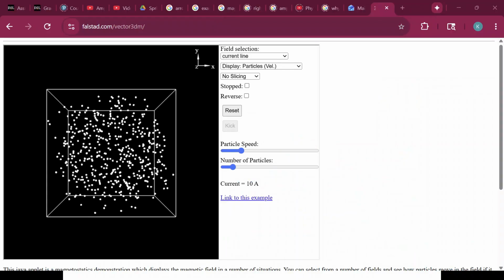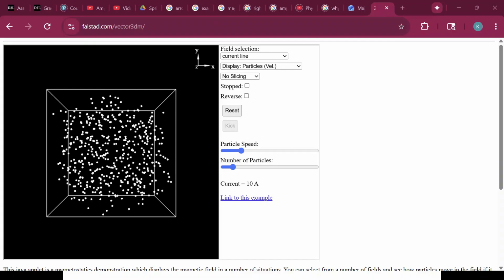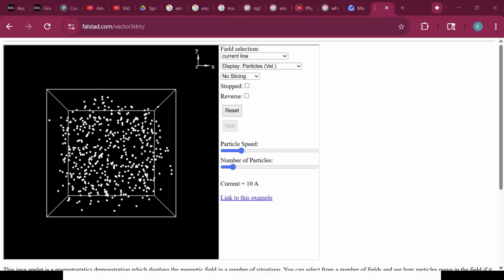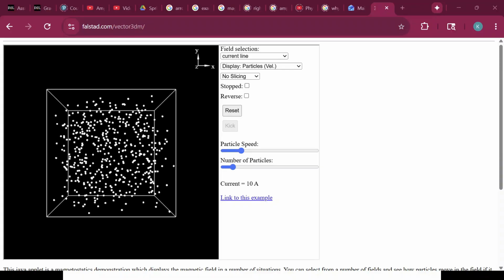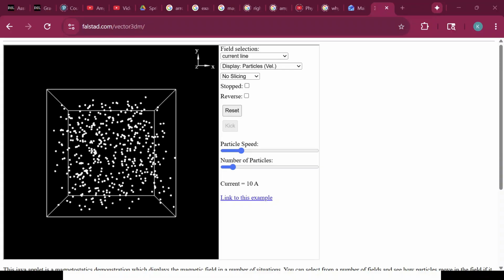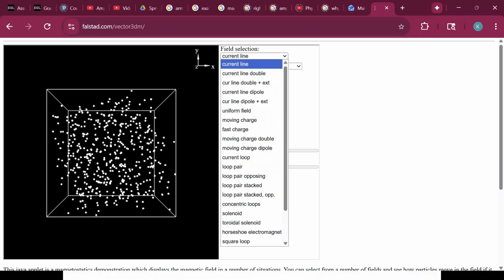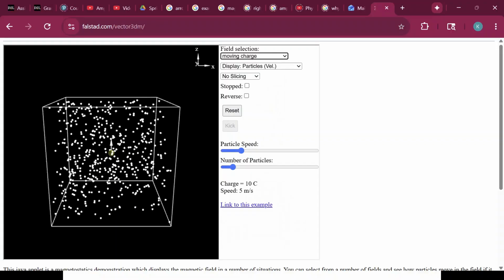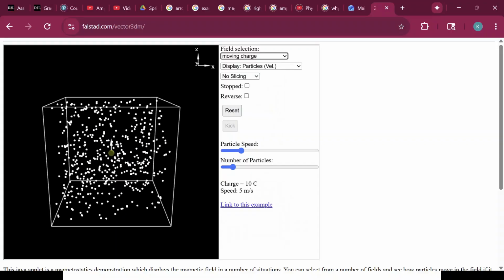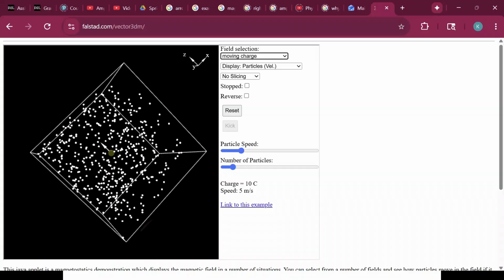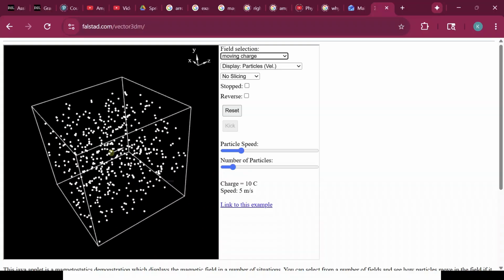So this is kind of a fun simulation. This website is Falstad. I think I showed electric fields with this website before. In this case, we're looking at different magnetic fields. So if I look at a moving charge, that moving charge is given a direction. So I can see that this one is moving in a straight line.